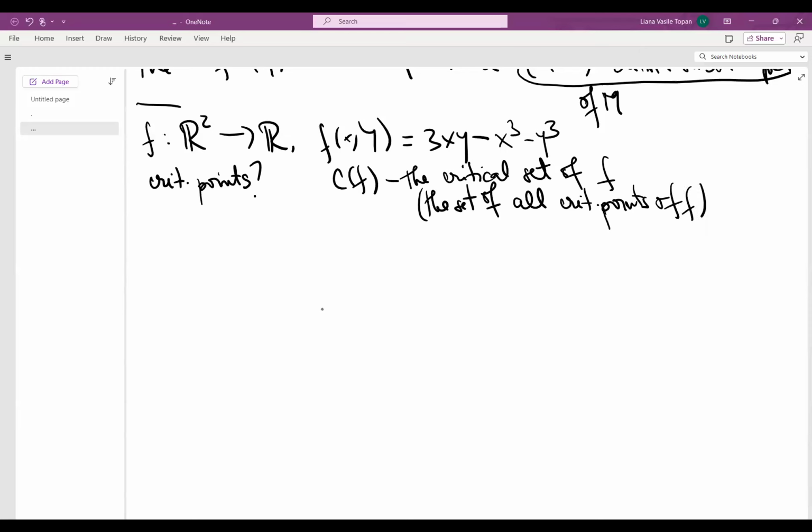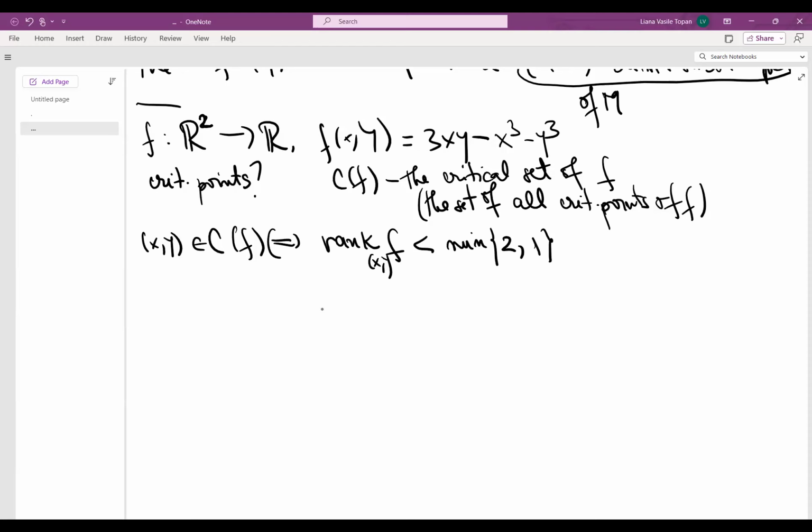Okay, so a point (x, y) will be critical if and only if, that's the definition, the rank of f at the point (x, y) is strictly less than the minimum between the dimension of the domain, which is 2, and the dimension of the codomain, which is 1.